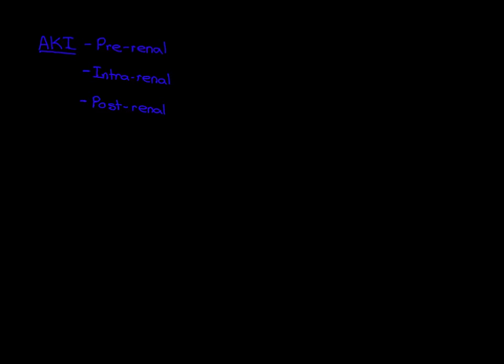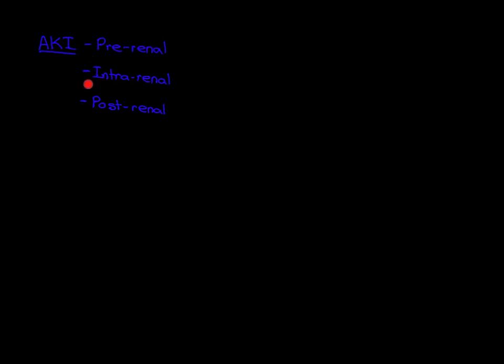So let's begin then with pre-renal. Pre-renal is really, really important to know because you see a lot of people in hospitals who are very, very sick with AKI, and the major causes of AKI are usually pre-renal. They're the most common causes of acute kidney injury, and then it's post-renal, and then intrarenal.